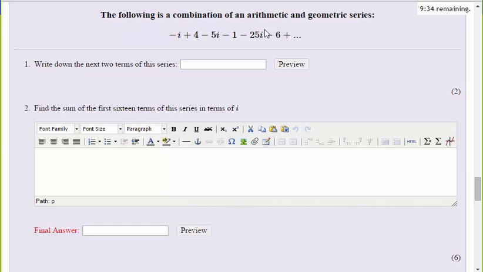What sequence is the one with the i's? That's geometric. So what would the next one be? Negative 125i. Now let's follow the constants: 4, negative 1, negative 6. What's happening each time?